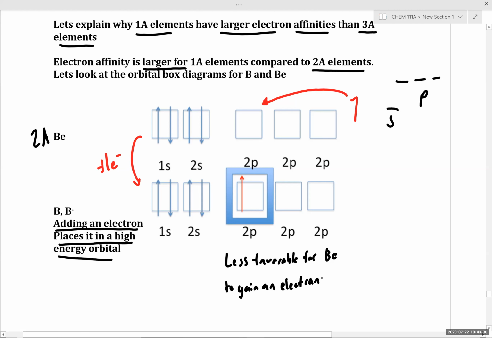And as a result, that's why we see a characteristically small electron affinity for beryllium. Does that idea make sense to everyone? Just like it was easy to remove an electron from a high energy p orbital, it is conversely difficult to add an electron if you're placing it in a higher energy p orbital. Any questions on this idea?